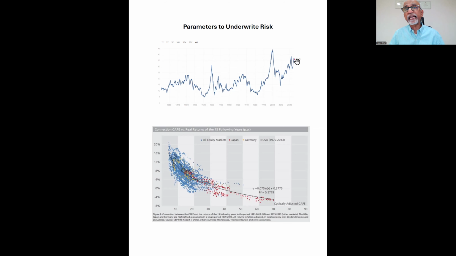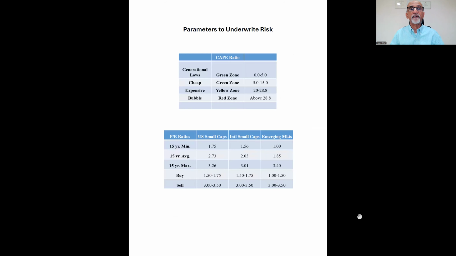So we are getting close to the high value here. If the CAPE ratio is between 0 and 5, it's an extremely good buying opportunity. Of course, you need a strong stomach to step in and buy at that time. Then cheap is 5 to 10, and anywhere from 5 to 15 CAPE ratio defines cheap as well.